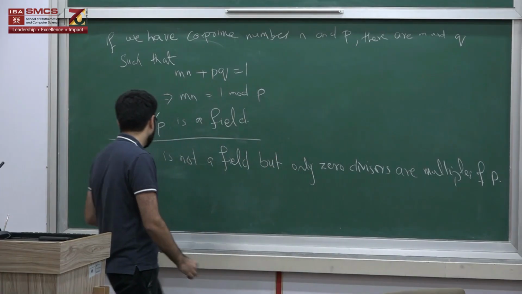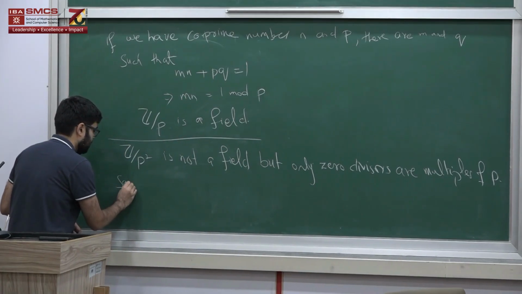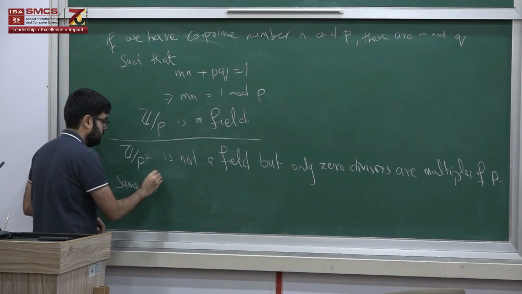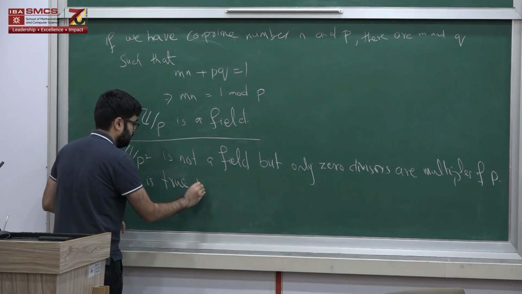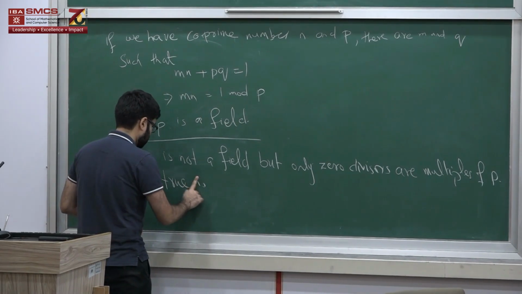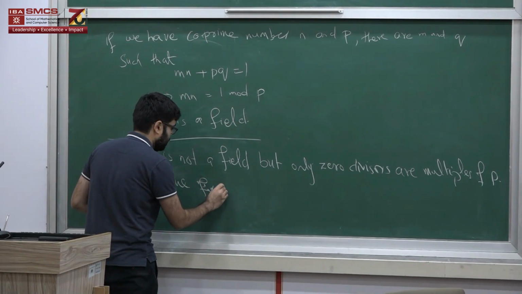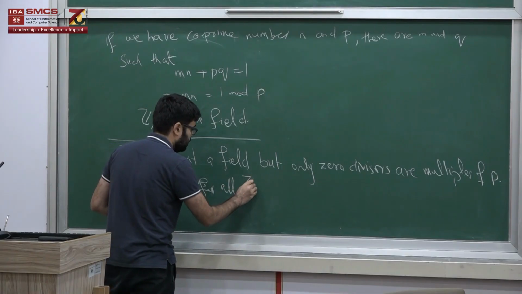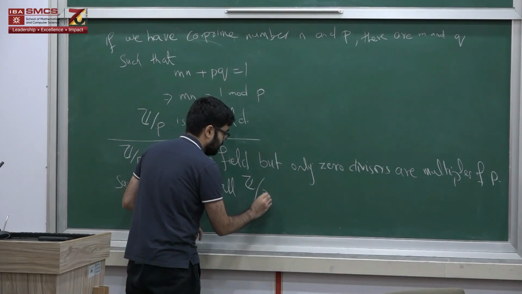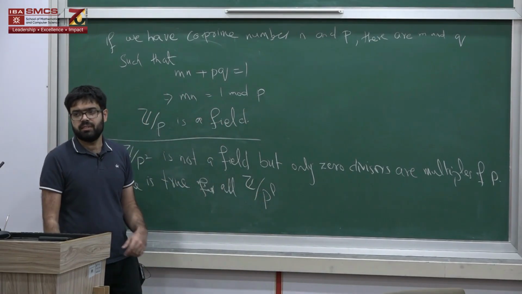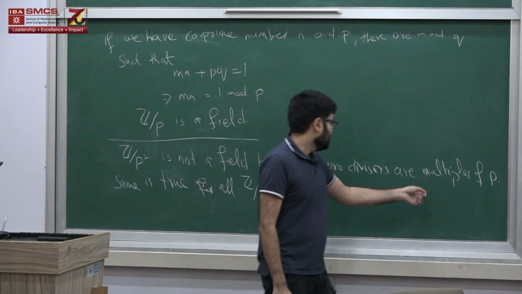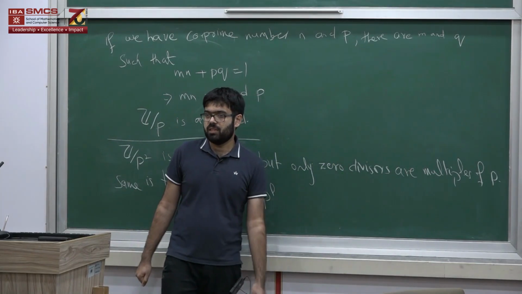And this is true for all Z mod p to the L. So whatever integer L I pick, the only 0 divisors will be the ones which are multiples of p.